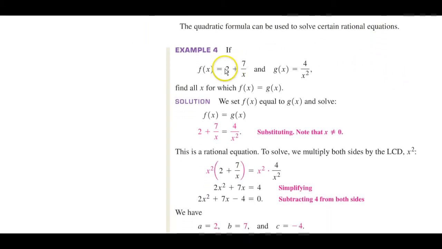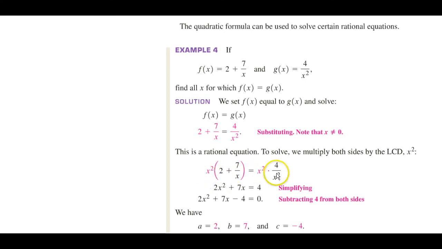Now in this one, they're saying the f function and the g function equal each other. So you just set it up this way. And then going back to chapter 6, where you had rational equations, that is equations with fractions, you're going to multiply each term by the common denominator, x squared.